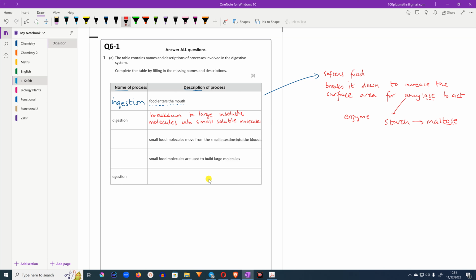Right, so when small food molecules move from the small intestine into the blood, it's called absorption. Small food molecules that are in the blood are used to build larger molecules. That's called assimilation.